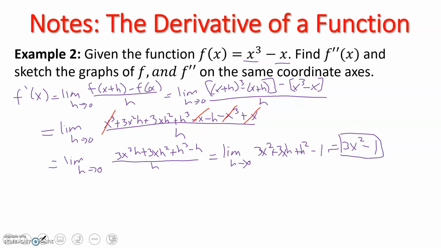Now that is our first derivative. To find our second derivative, we will do the exact same process, but now we're taking the derivative of the derivative function. So this will be our starting function.